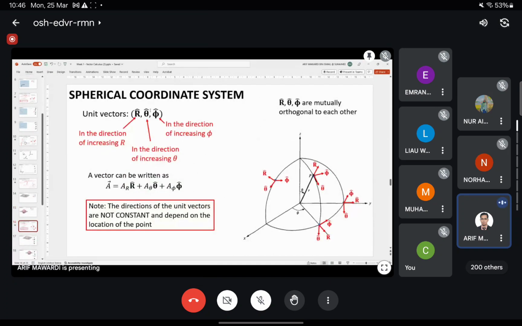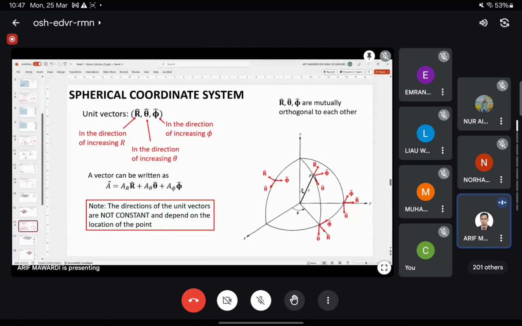And then the same thing for the unit vectors in the spherical coordinate system. Capital R hat here should be in the direction of increasing R. For example, at this point here, R, which is defined as the distance from the origin, is increasing along this direction.